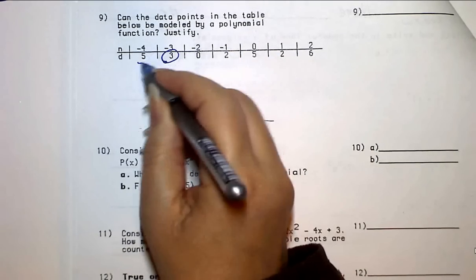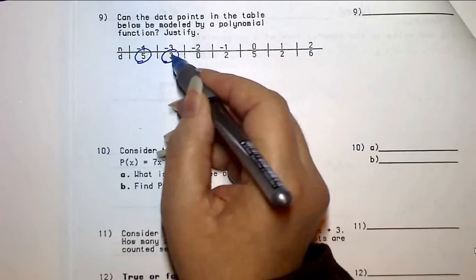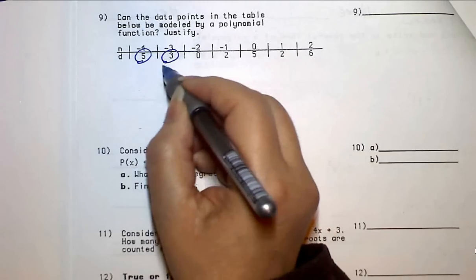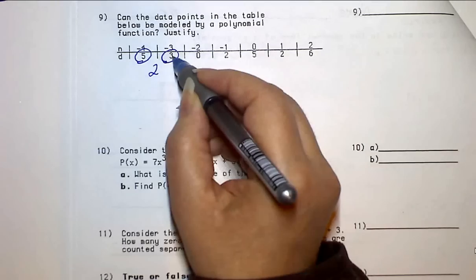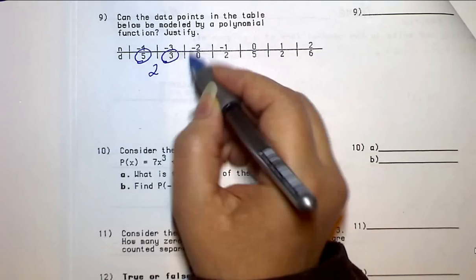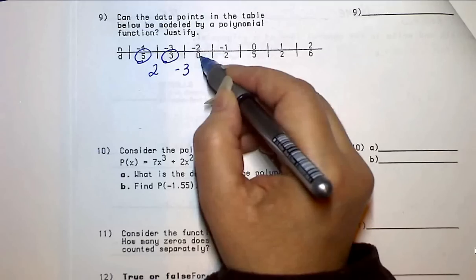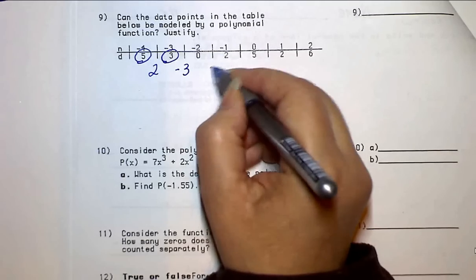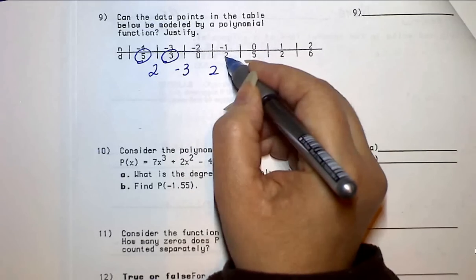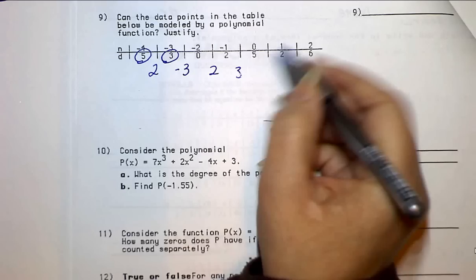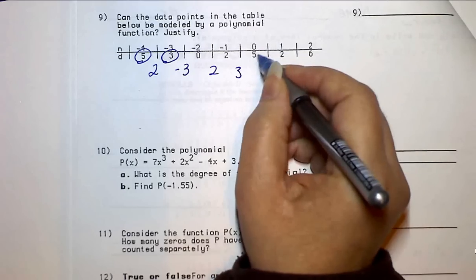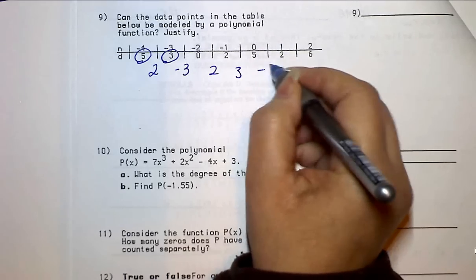So you go 3 minus 5, which gives you 2. 0 minus 3 gives you negative 3. 2 minus 0 is 2. 5 minus 2 is 3. 2 minus 5 is negative 3. 6 minus 2 is 4.